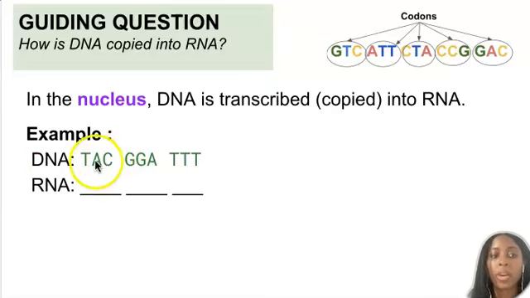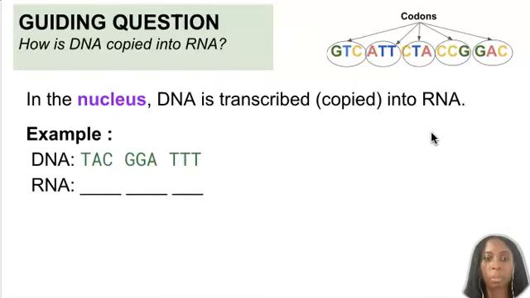As you can see, we have the DNA nucleotides separated into threes. These three bases at a time, we call codons. To make the copy, let's follow the base pairing rule.